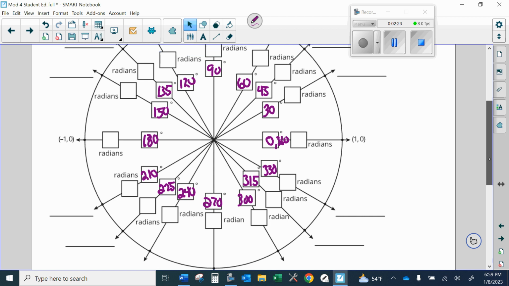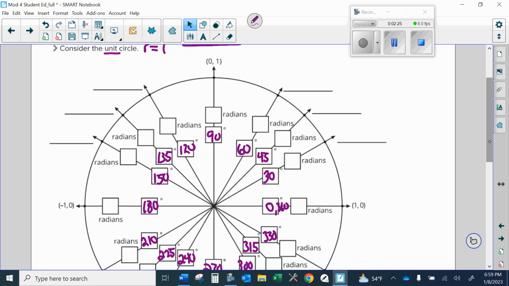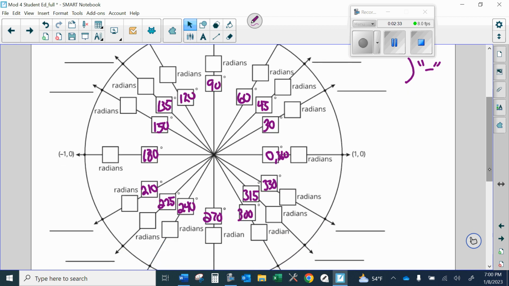So, as we see there, counterclockwise is positive degrees. Clockwise would be negative degrees. Negative 30, negative 45, negative 60, negative 90, etc. if we were to go clockwise.